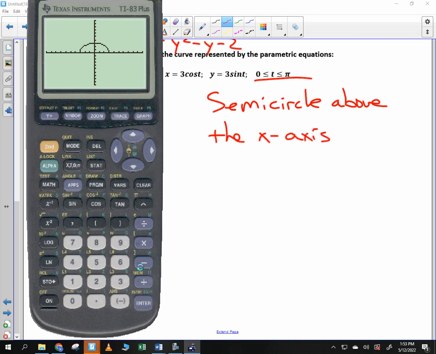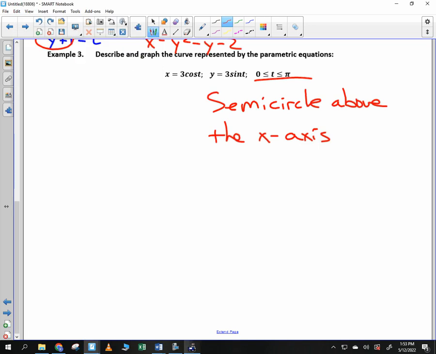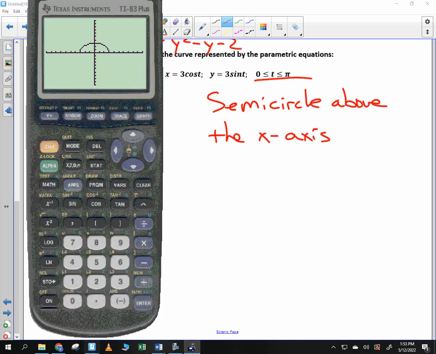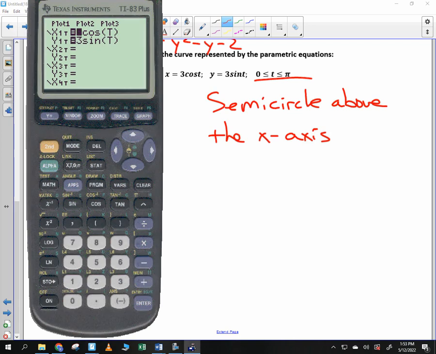And if I choose to zoom as a square in this spot, how did I get this picture? I press graph, so you don't have the whole circle.